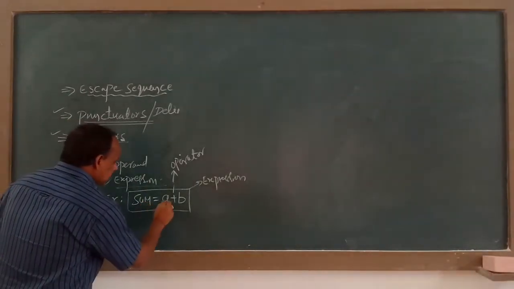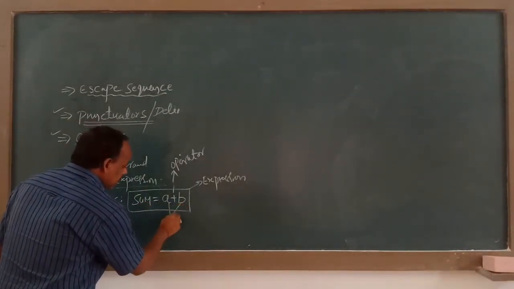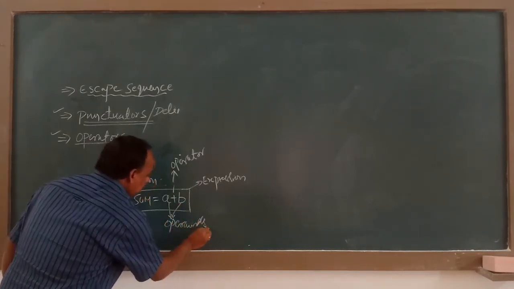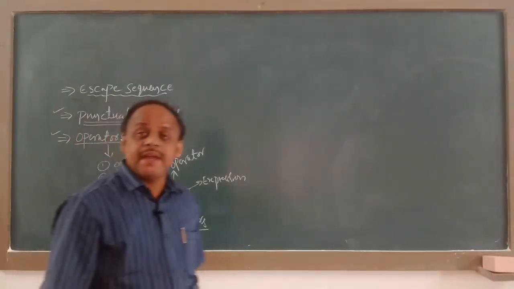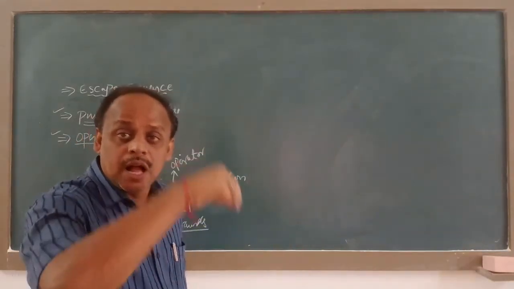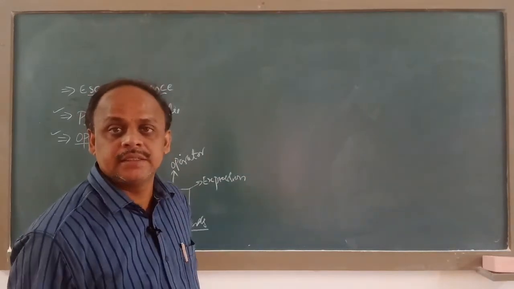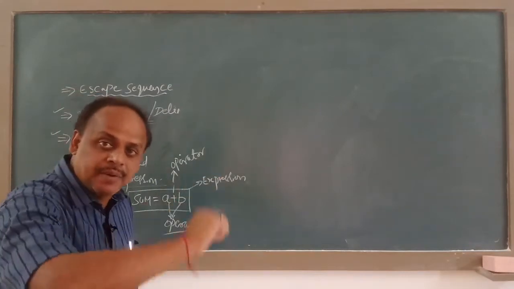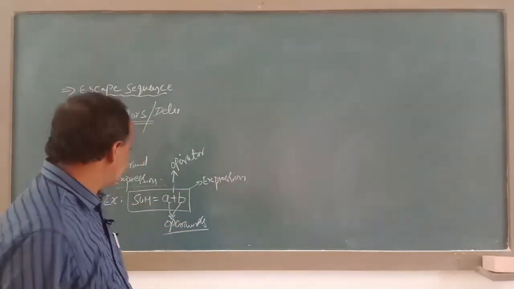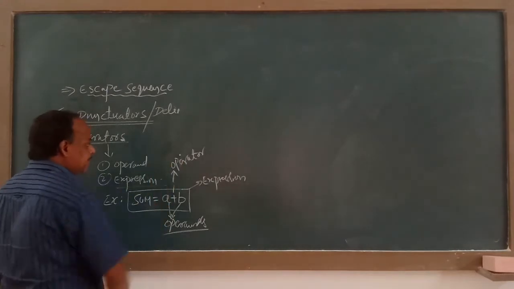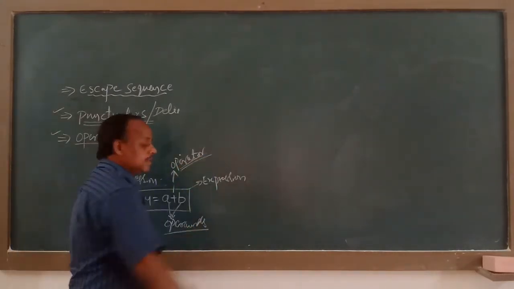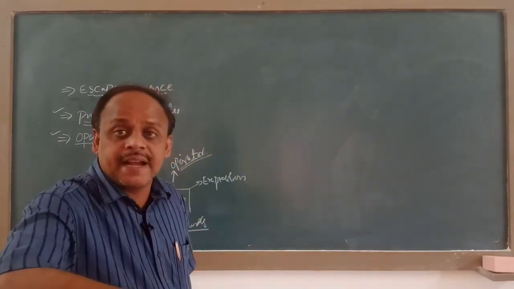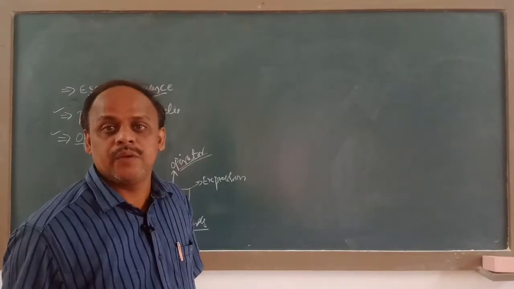A and B are called operands. That's why an expression is a combination of operands and operator, right? Now let us see what an operator is. An operator is a symbol used with operands to yield some value, right?